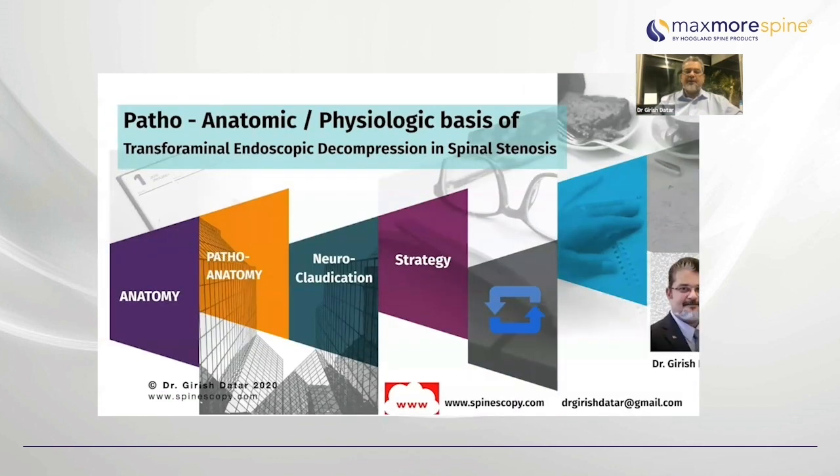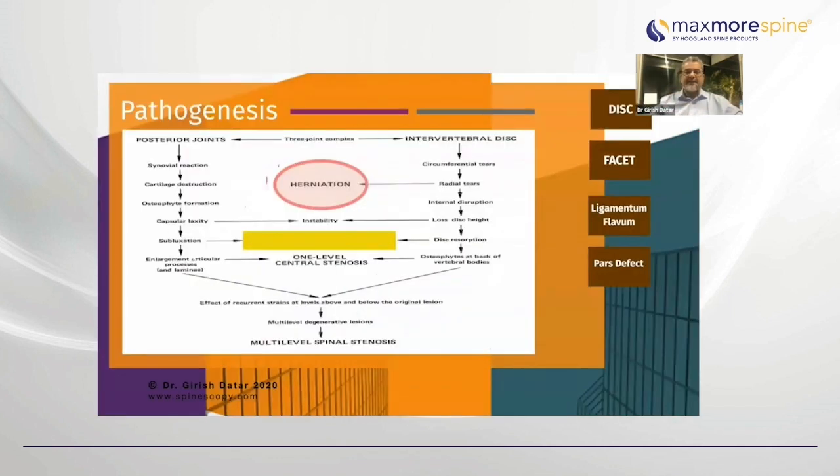So we have to understand the pathophysiology, the Kirkcaldy-Willis diagram, where you have the posterior joints and the anterior intervertebral disc. There is a simultaneous pathology going on anteriorly as well as posteriorly, a complete degeneration occurring in the disc as well as in the posterior areas.